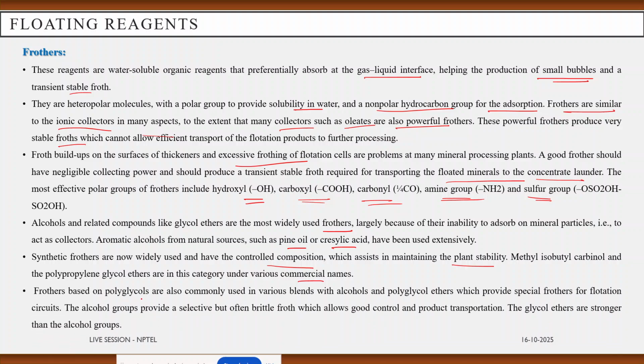Frothers based on polyglycols are also commonly used in various blends with alcohol and polyglycol ethers, which provide special frothers for flotation circuits. The alcohol groups provide a selective but often brittle froth which allows good control and product transportation. The glycol ethers are stronger than the alcohol groups.